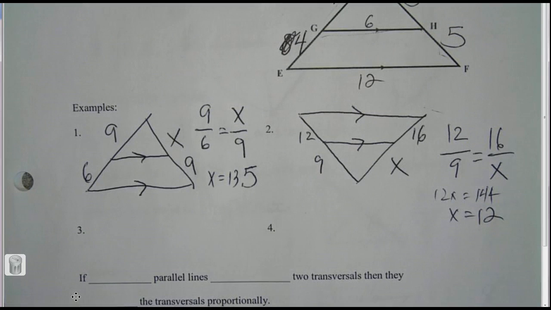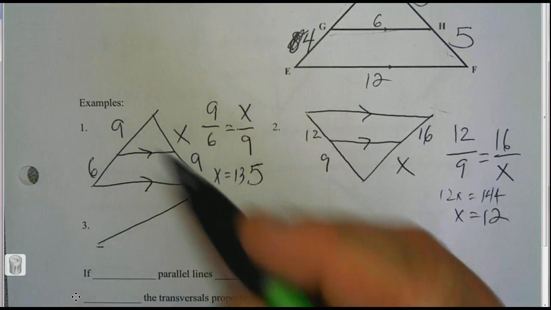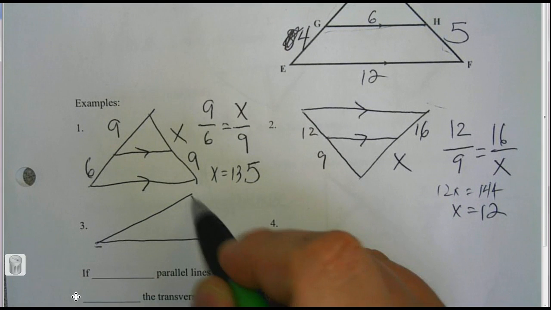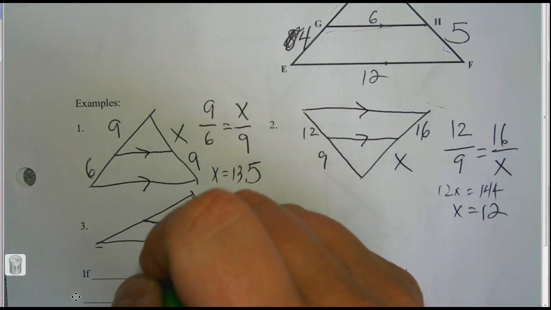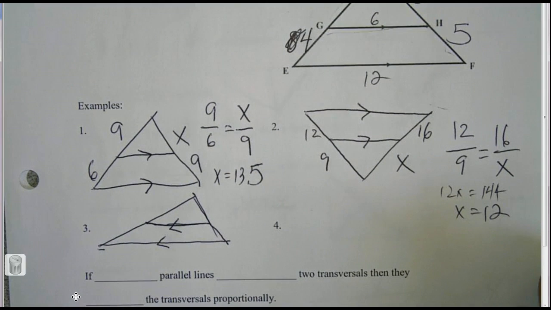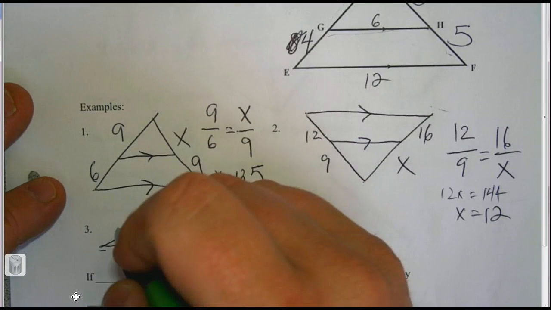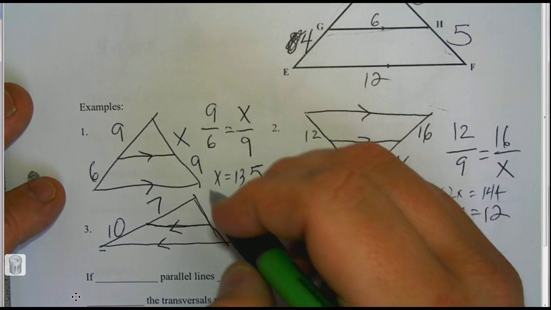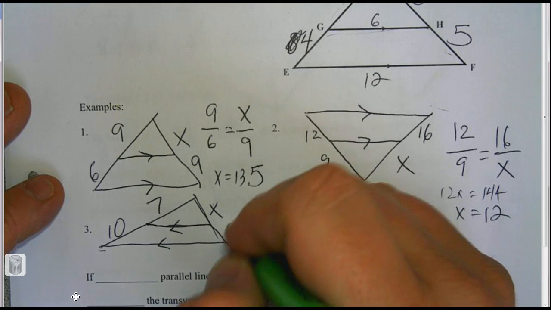It also works really with any triangle that we have. So let's draw a non-standard triangle, just an obtuse one here, and cut it this way, and these two lines are parallel, and let's use 7 and 10, and let's use X and 6.